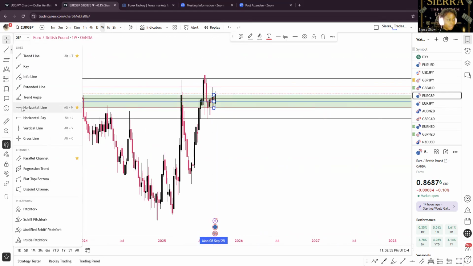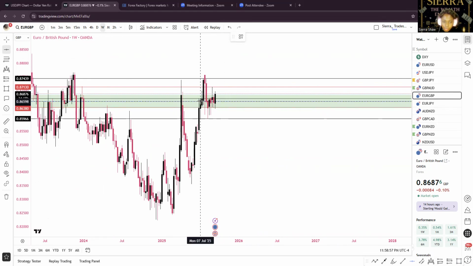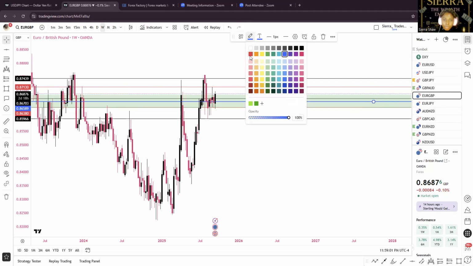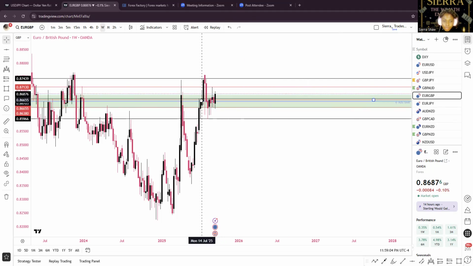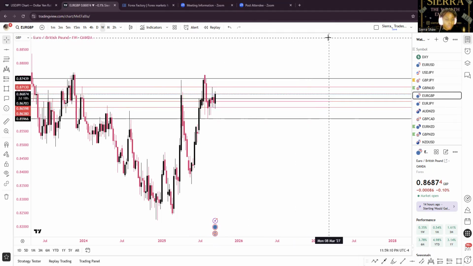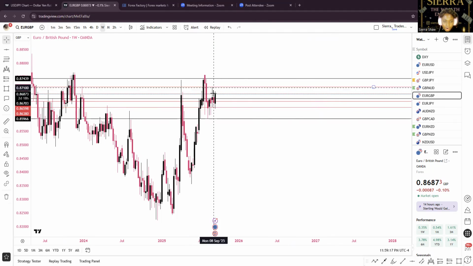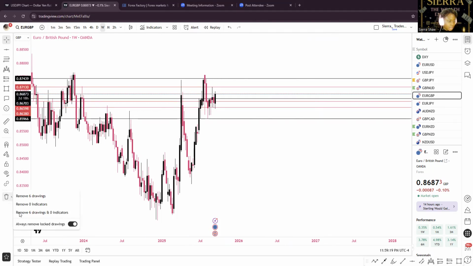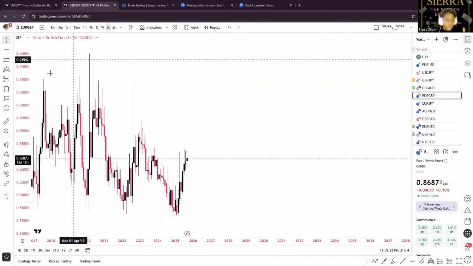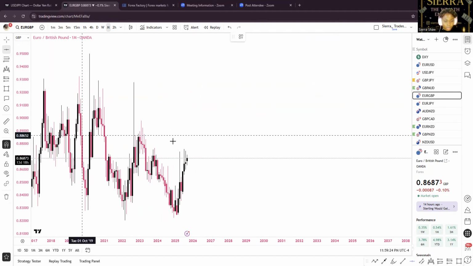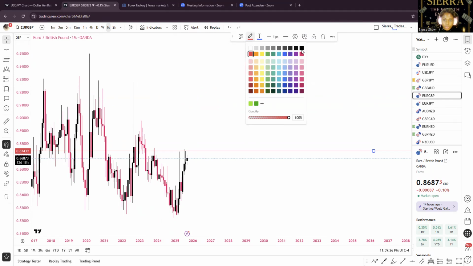Nope. Actually, we're going to delete Euro GBP. My markup, if you look, my red lines, that's last. So let's just remark that. I didn't even mark that up right. So let's see what's going on with Euro GBP.